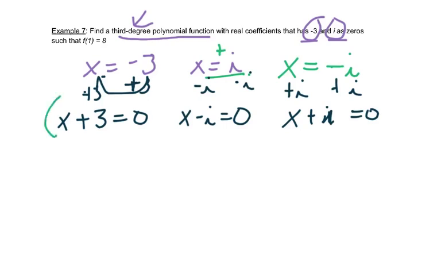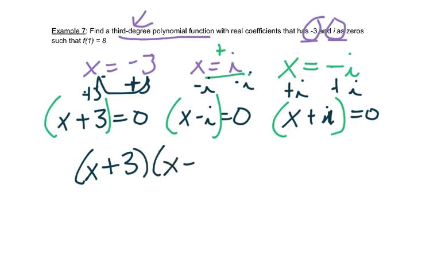So this is a factor, this is a factor, and this is a factor. So I can write them all together. x plus 3, x minus i, x plus i, all equals 0.